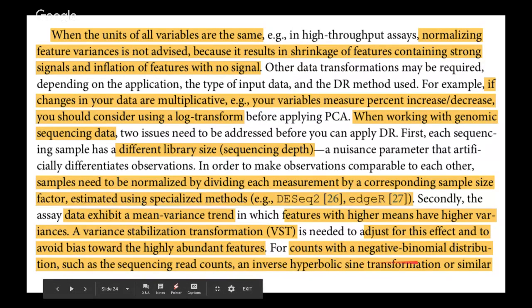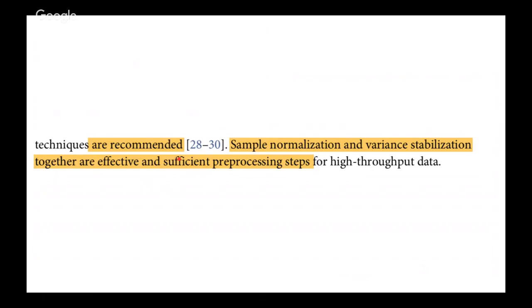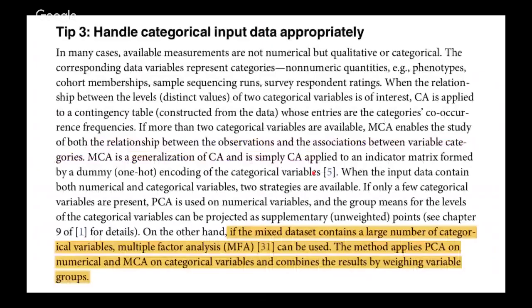For counts with a negative binomial distribution, and these also happen quite often in biology, in omics, such as sequencing read counts, an inverse hyperbolic sine transformation or similar techniques are recommended. So sample normalization and variance stabilization together are very effective and sometimes efficient preprocessing steps for high throughput data, definitely for genomics and multi-omics. Tip number 3 of the 10 tips of this PLOS paper: handle categorical input data appropriately.